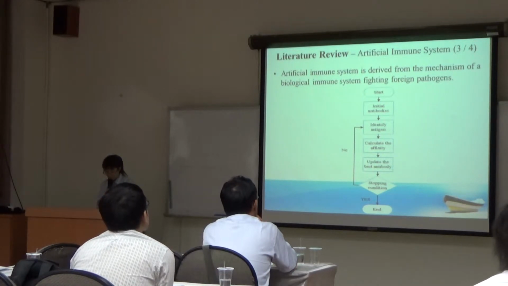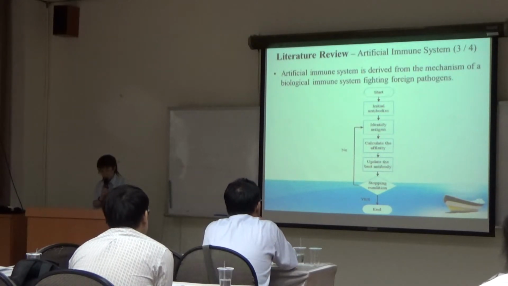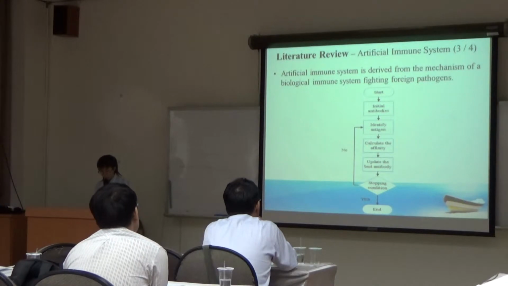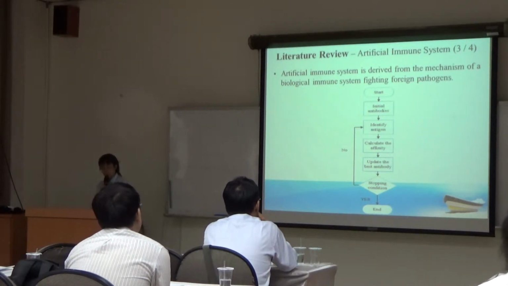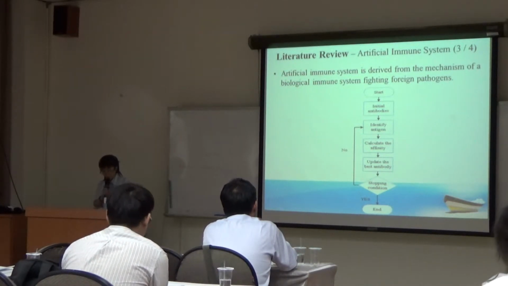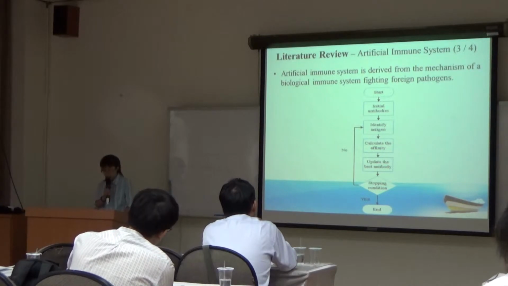The immune system is a complex system with strong information processing characteristics, such as selection, pattern recognition, learning, and memory recall.